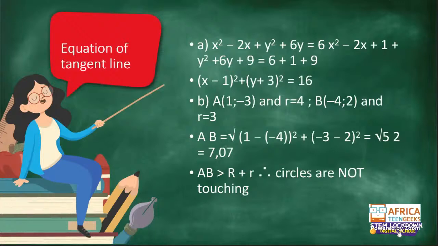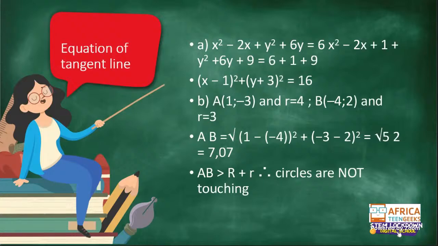All right, so we have x squared minus 2x plus y squared plus 6y equal to 6.